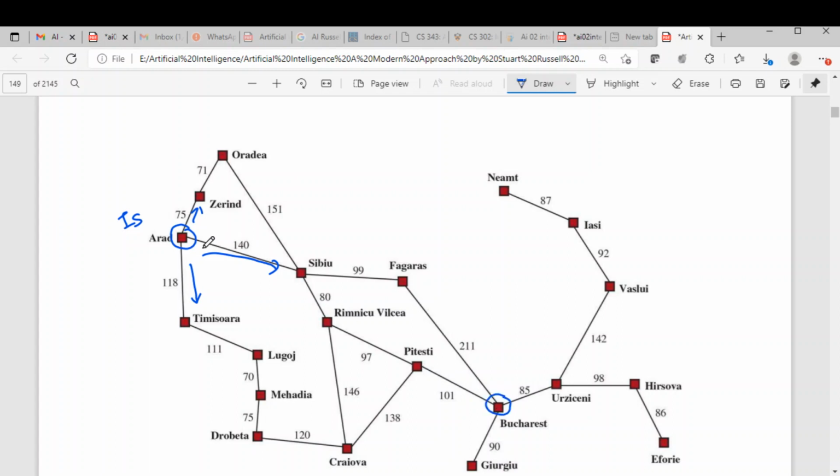So it has three choices. It can go to Zerind or Sibiu or Timisoara. But out of these three, it will choose that destination from where it can reach Bucharest at a cheaper cost, based only on the heuristic, not based on these real values. Actually it does not know this real value.